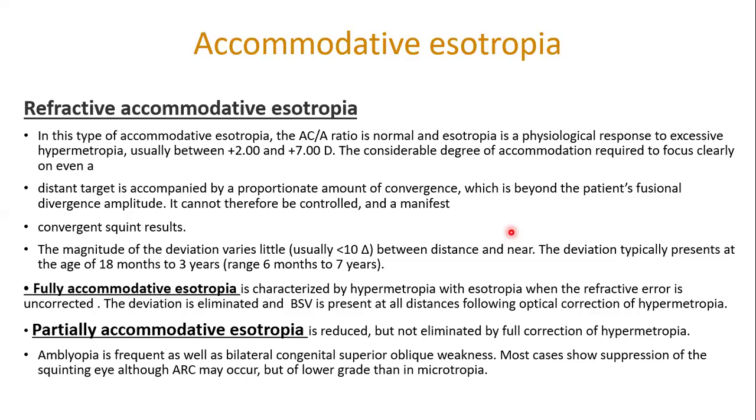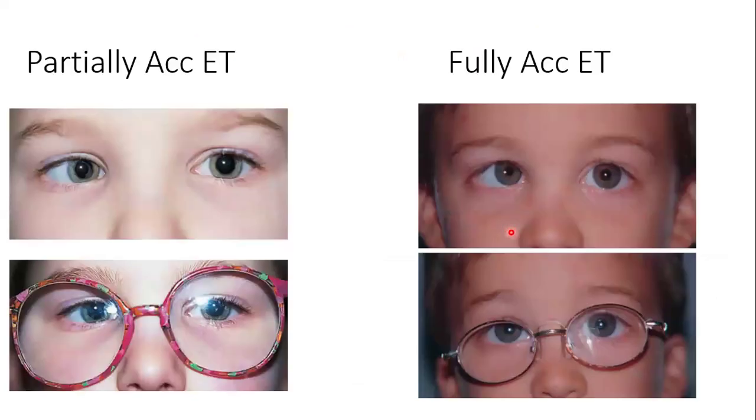Then if there is still residual esotropia of more than 10 prism diopters, usually anything more than 15 prism diopters, you will do surgery for the residual angle. Here, a child with partially accommodative esotropia has a large esotropia without glasses. With glasses, the residual angle is still large. Here, the child has esotropia, but with glasses is almost ortho.